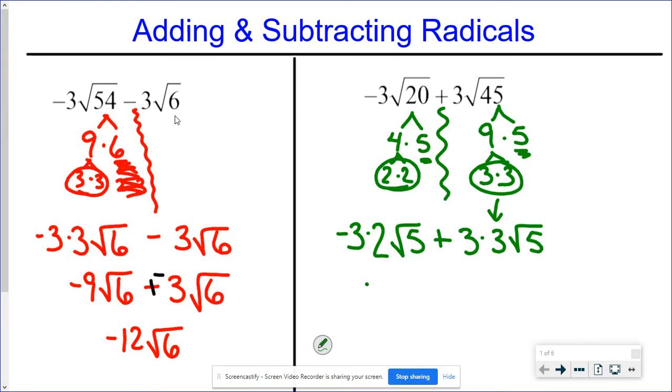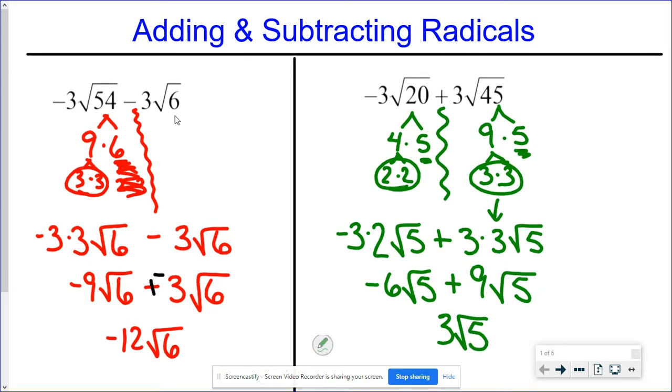So this is really a -6 rad 5 plus 9 rad 5. So these are both rad 5's. They match. They're like terms. So now I just have -6 of those things plus 9 of those same things would give me +3 of those like terms, which is just a rad 5.